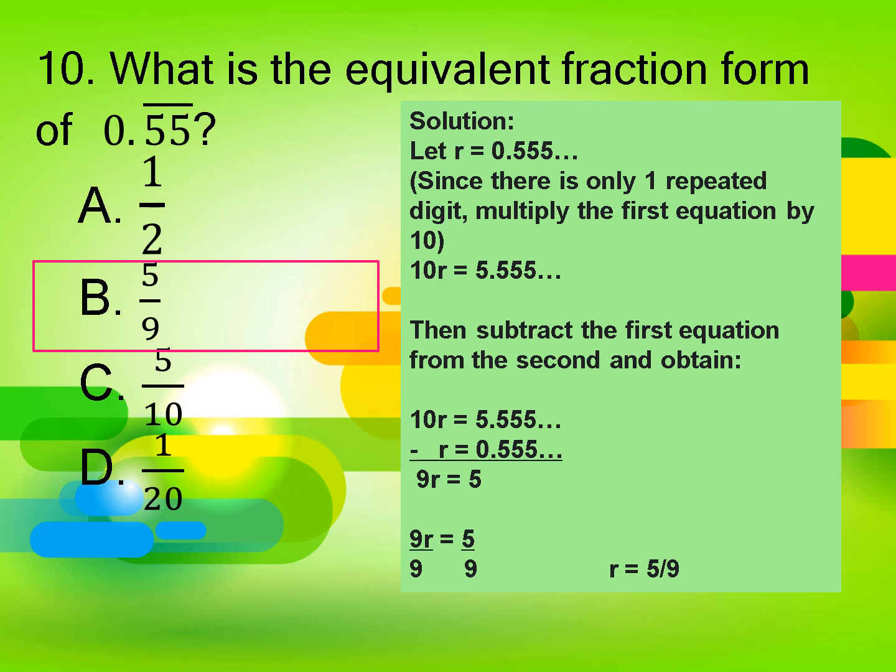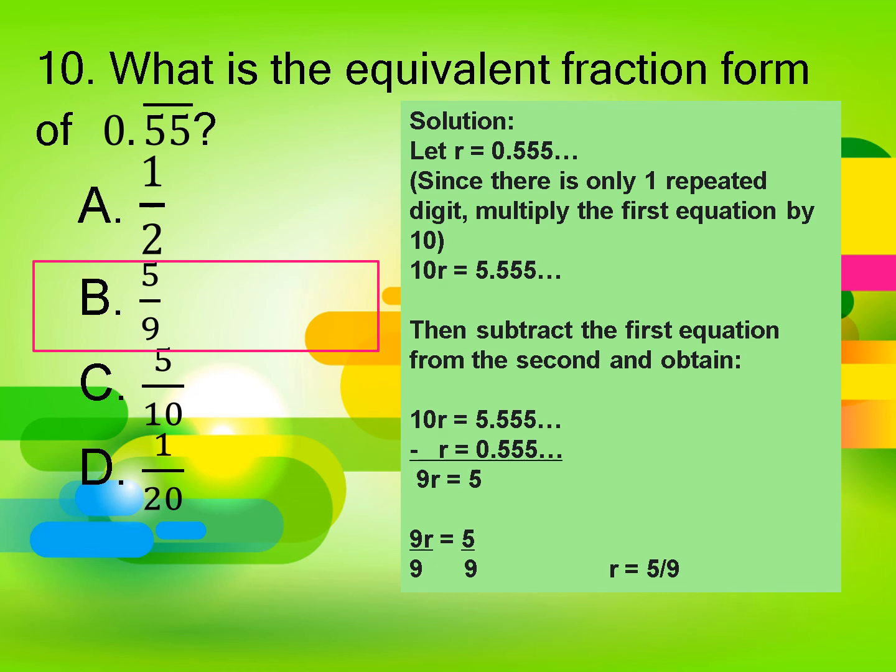So if we're going to subtract, 10R minus R, the numerical coefficient here is 1, equals 5.555 repeating minus 0.555 repeating. So 10R minus 1R equals 9R, and 5.555 repeating minus 0.555 repeating, that's 5 minus 0 is 5.